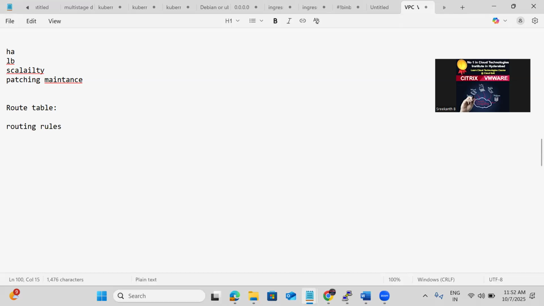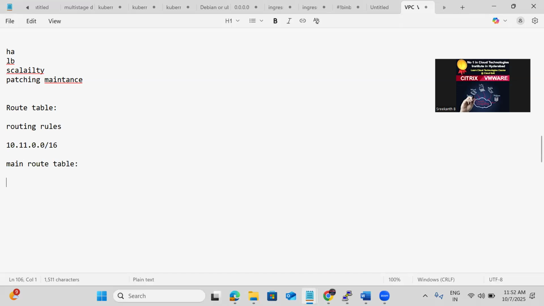What is the meaning of routing rules? Now I'll try to explain. Say we have given the VPC 10.11.0.0/16. By default we get a main route table, even if you don't create anything within the VPC.